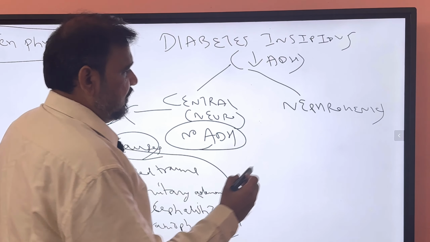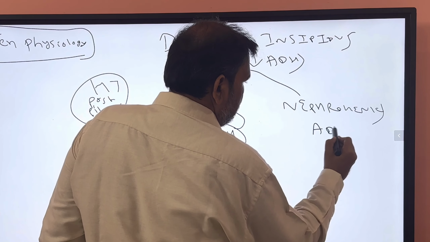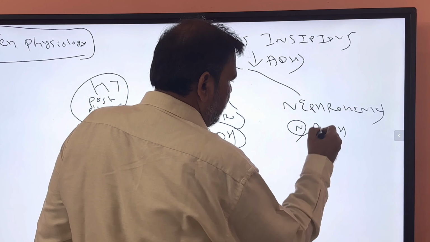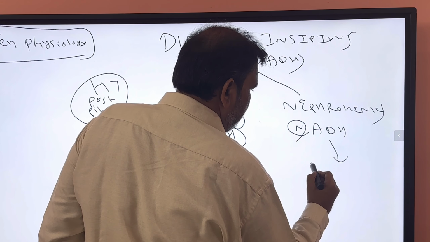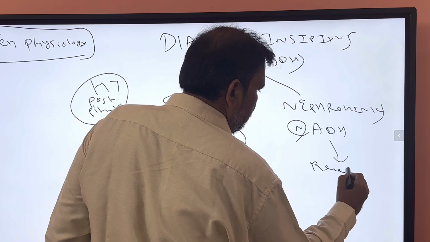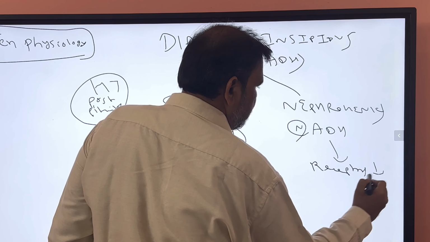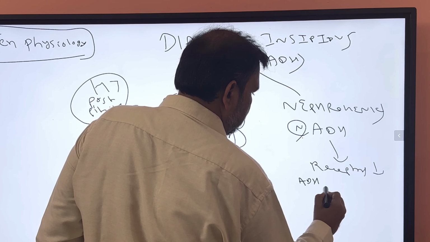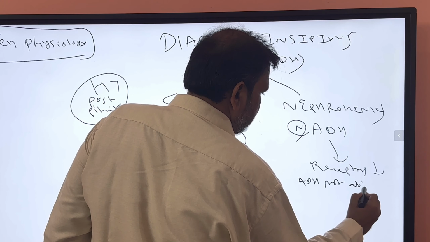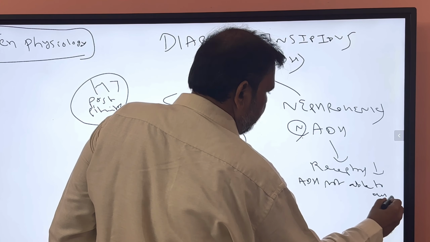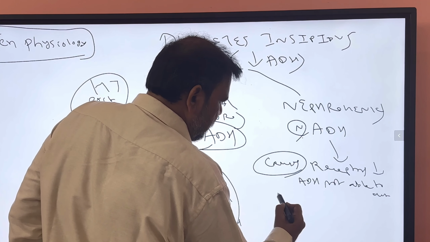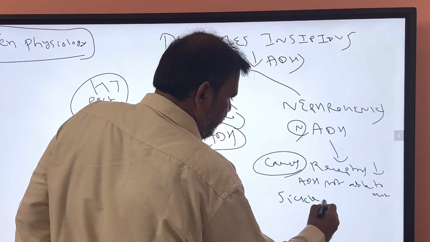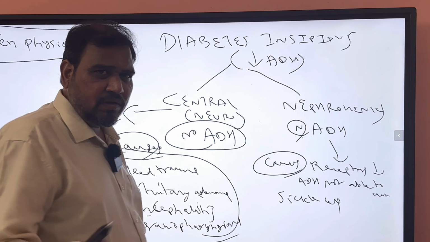Now coming to nephrogenic, ADH is normal, but it is not functioning. So it is a receptor problem. Receptors are decreased, ADH is not able to act, there is some resistance. For this, I will generally tell sickle cell anemia is considered to be one of the rare causes.